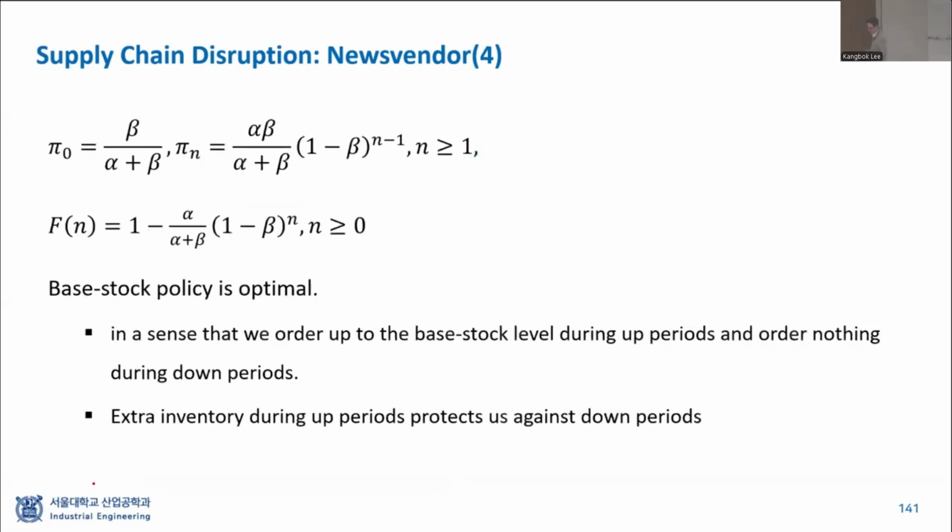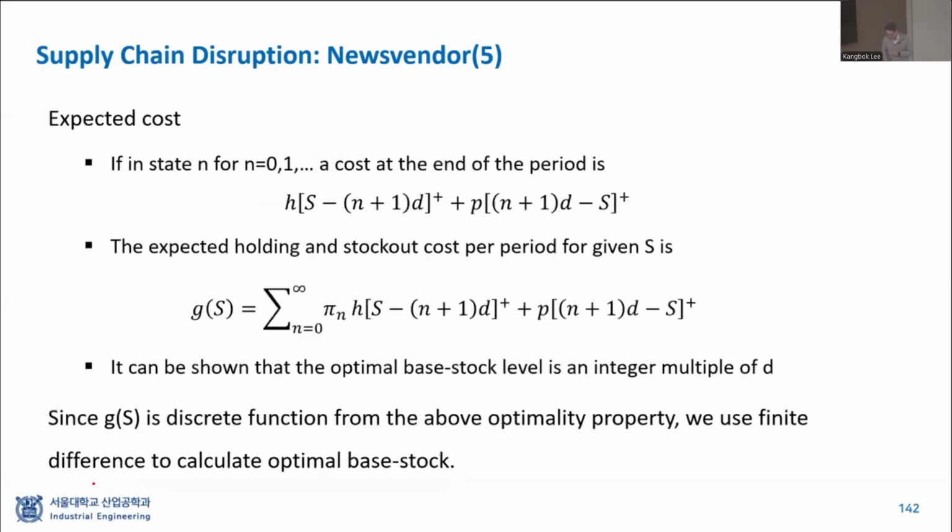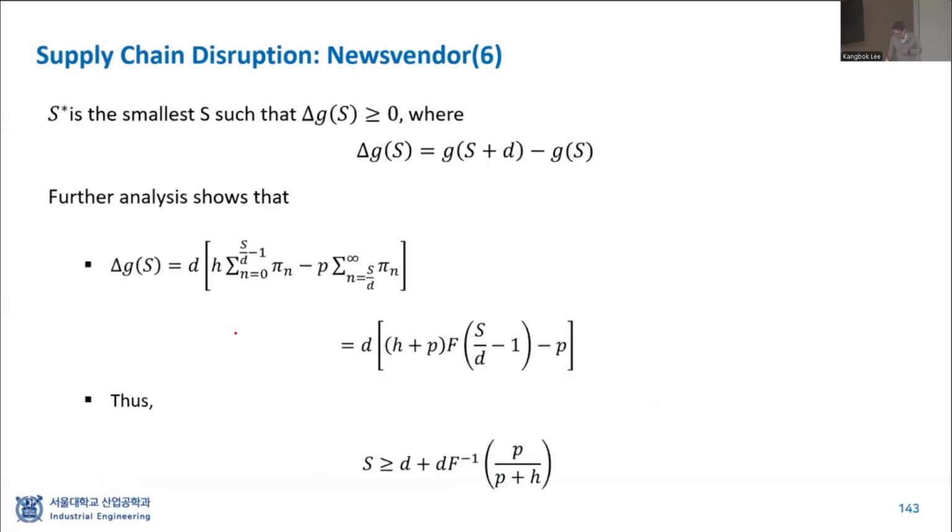Using this function, surprisingly, when we optimize our new cost function, the result S, the optimal order quantity or optimal inventory level, is quite a similar function of F. It's not exactly the same, but surprisingly similar. We still use the same f inverse function, but here f(n) has a different meaning. Anyway, we are using f inverse the same as in the newsvendor. This is what we call the supply chain disruption newsvendor case.